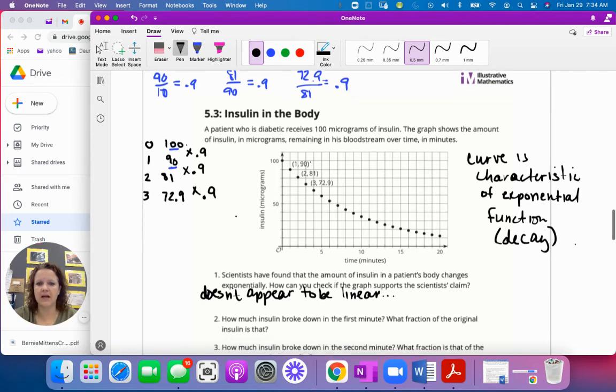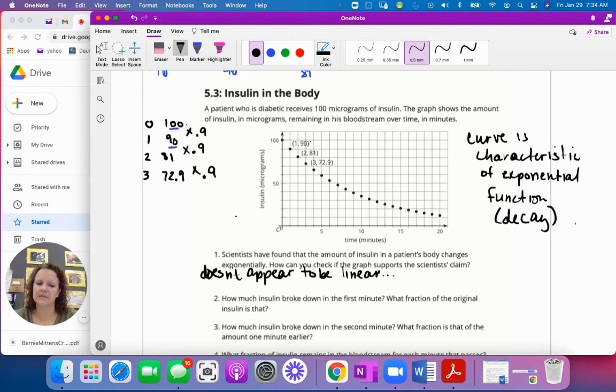Okay, next question. How much insulin broke down in the first minute? What fraction of the original insulin is that? So how much insulin broke down, that is, if that's 0.9, that's actually 9/10. And that's how much remains. Well, how much broke down?